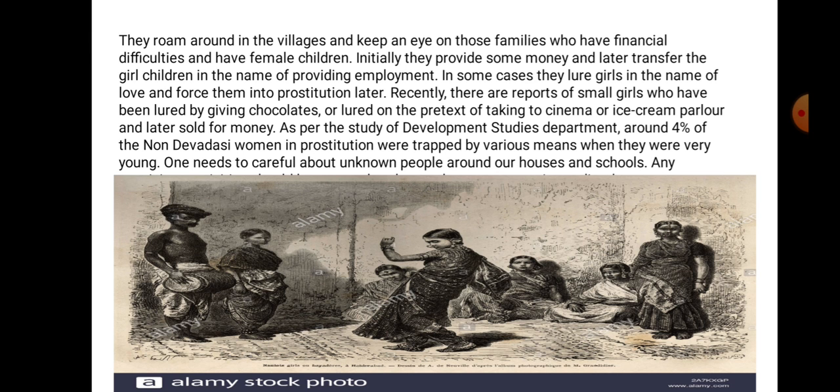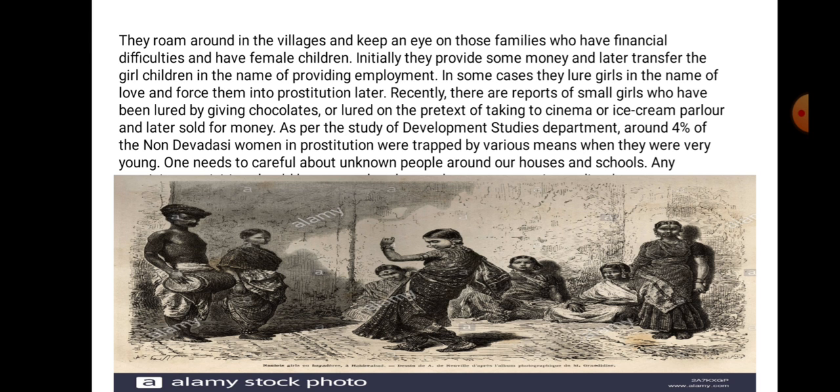Initially they provide some money and later transfer the girl children in the name of providing employment. In some cases they lure the girls in the name of love and force them into prostitution also. Recently there are reports of small girls who have been lured by giving chocolates or on the pretext of taking them to the cinema or an ice cream parlor, and later they are sold for money.